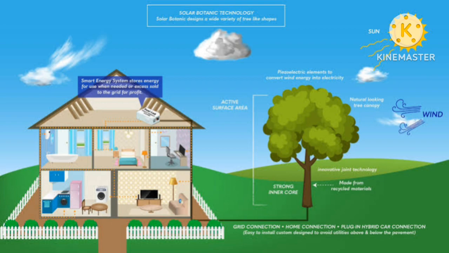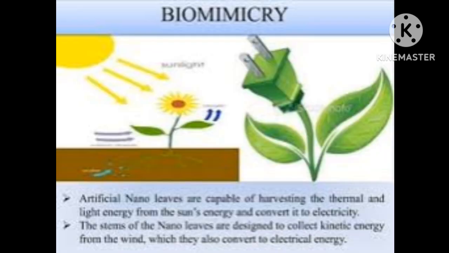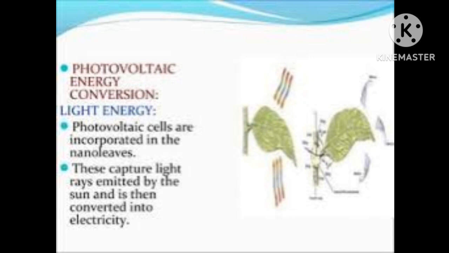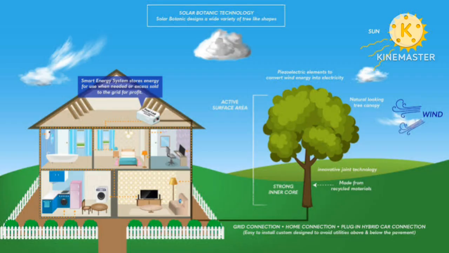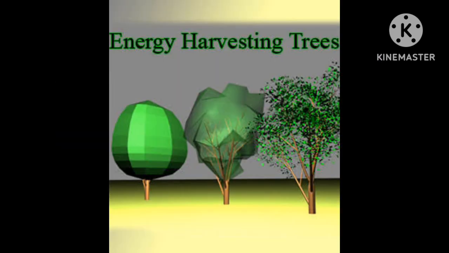When the wind is strong, the branches and twigs move fast, and due to this movement mechanical strain is created. The nano piezoelectric elements in the twigs and branches generate millions of picowatts of electrical energy.